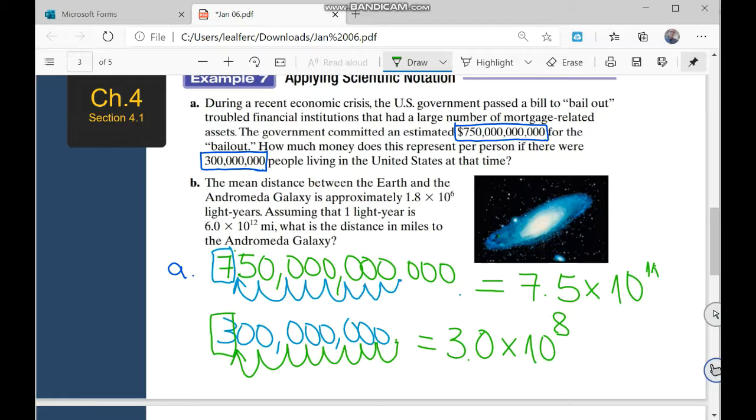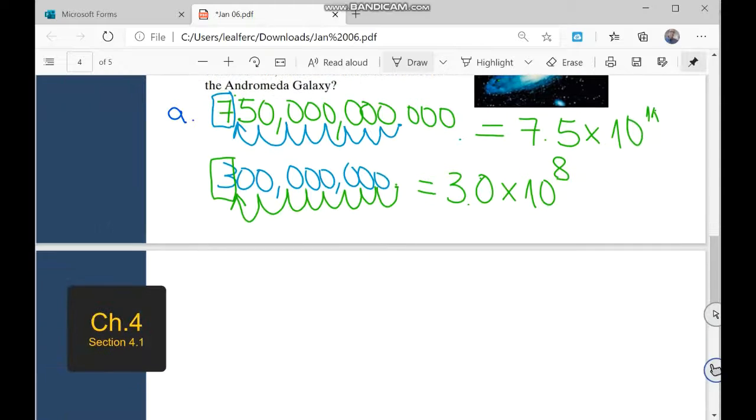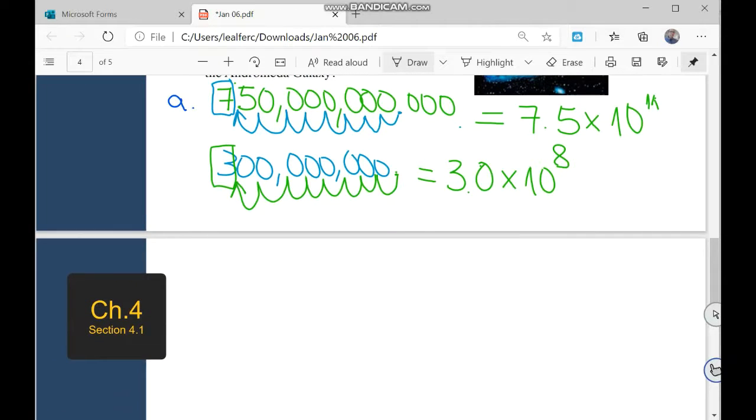And you can see the reason we need scientific notation. It's useful because it's really hard to work with this many zeros, and you can forget zeros, or add extra zeros, and then mess up all our calculations. What we need to do here is divide. We want to see how much money each person is going to have.